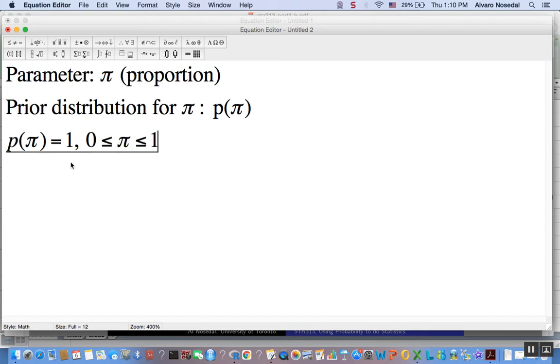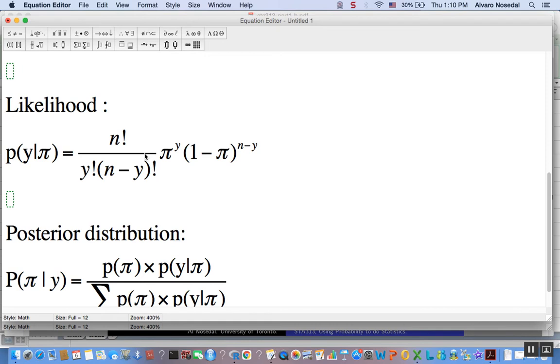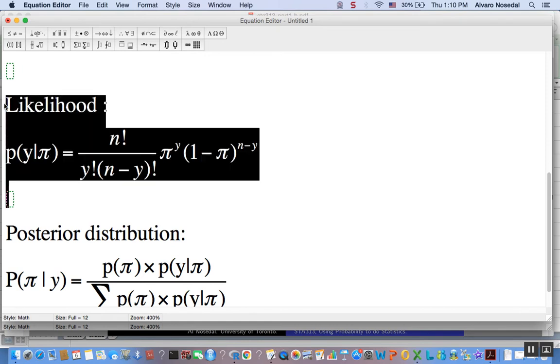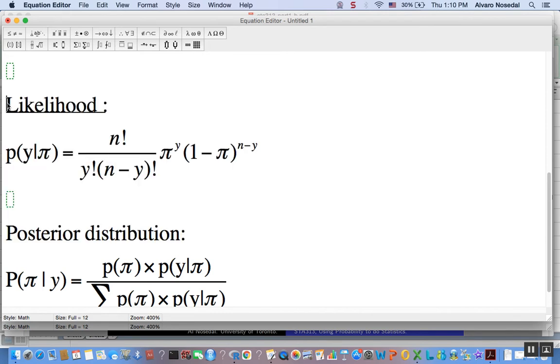Okay, so this is what in Bayesian statistics we call a vague prior. So going back to what we did before, our likelihood is going to be the same. Now how our posterior is going to change, we're going to see that in just a sec.